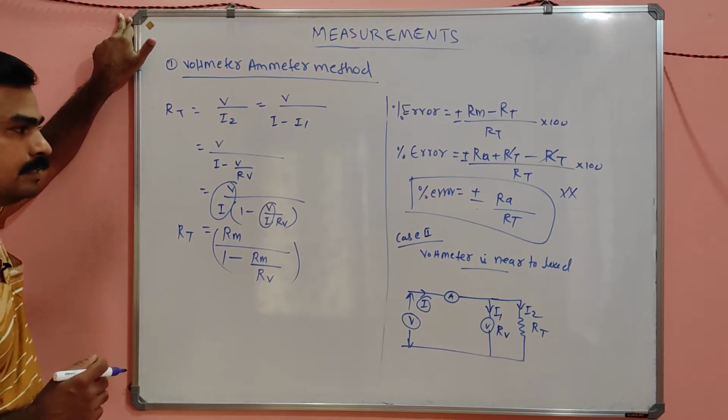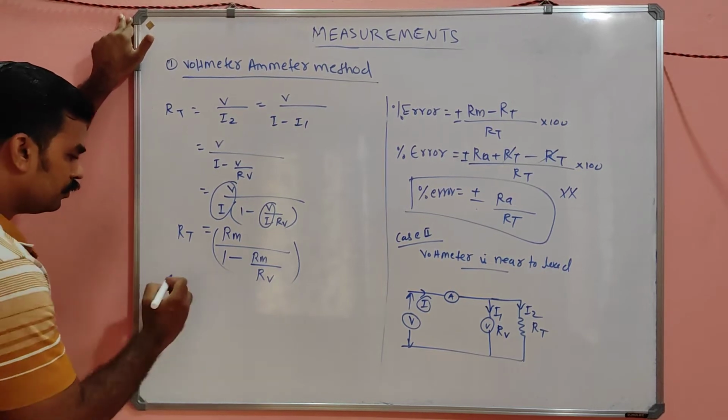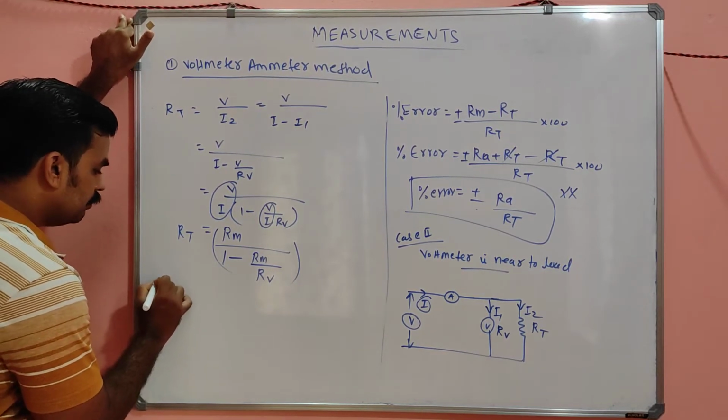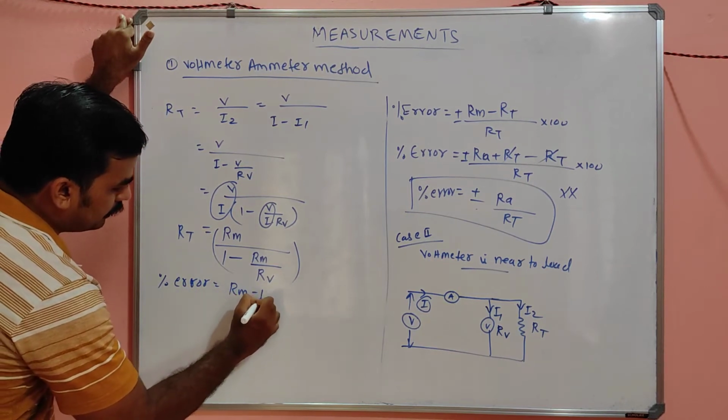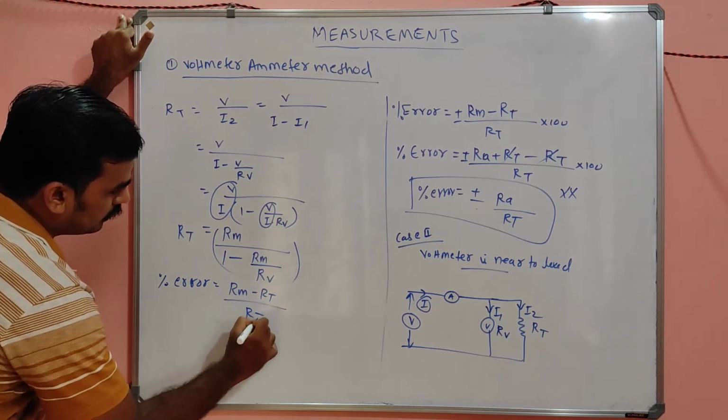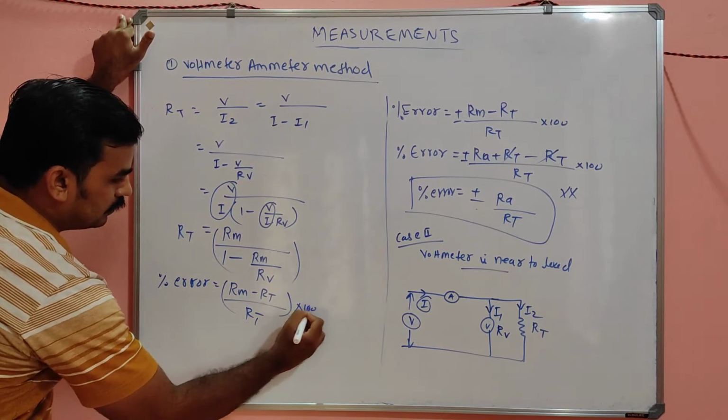Okay, my dears, did you get that? Again you can go for the percentage error, which is Rm minus RT divided by RT into 100.